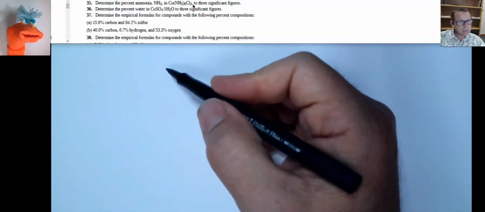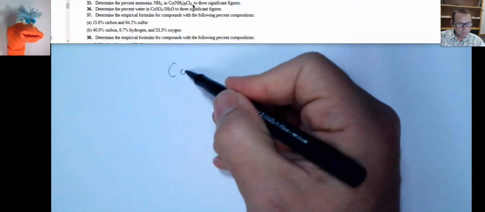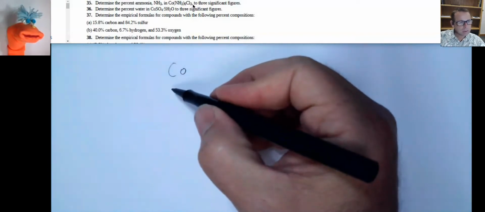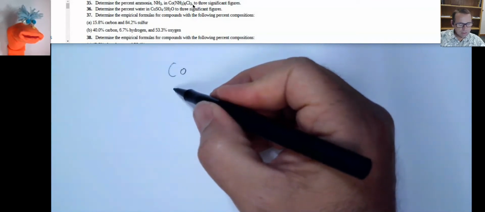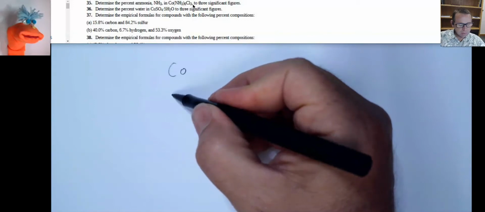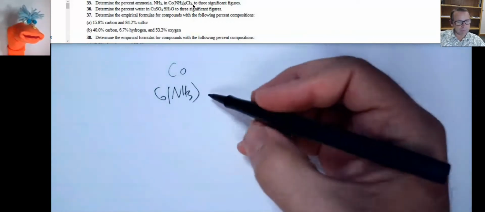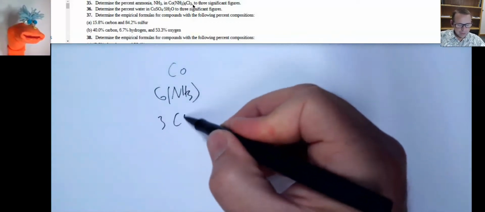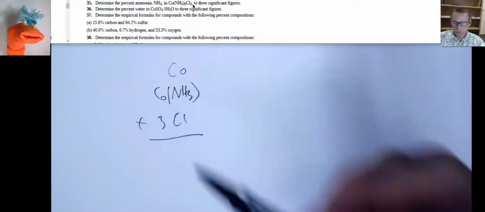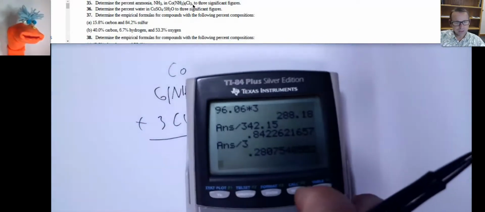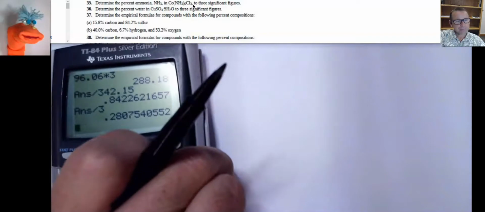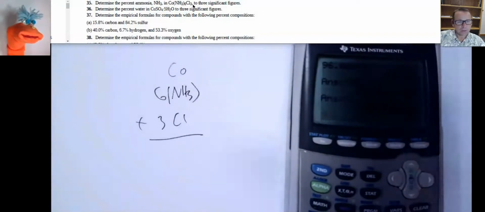So, let's see. We need a cobalt. We want to know the percent ammonia, NH3. There's 6 of the NH3. That's 17. So there's 6 17s. So we can keep those together in a group and say 6 of those. And then there's 3 chlorines. The sum of all that will be the total mass, right?